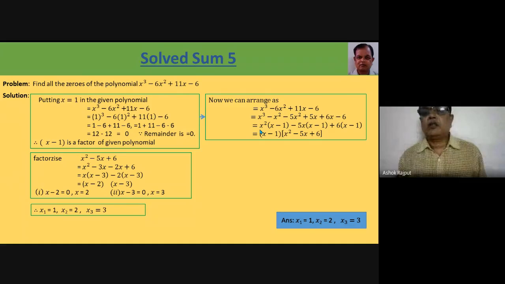We are taking x square common here, minus 5x common here, 6 common here. Now when we have taken x square common, then here x minus 1 will remain, 5x, then x minus 1, plus 6, then x minus 1. Now we are seeing x minus 1 here also, and here. Then we have taken it common, and in the bracket it will remain x square minus 5x plus 6.